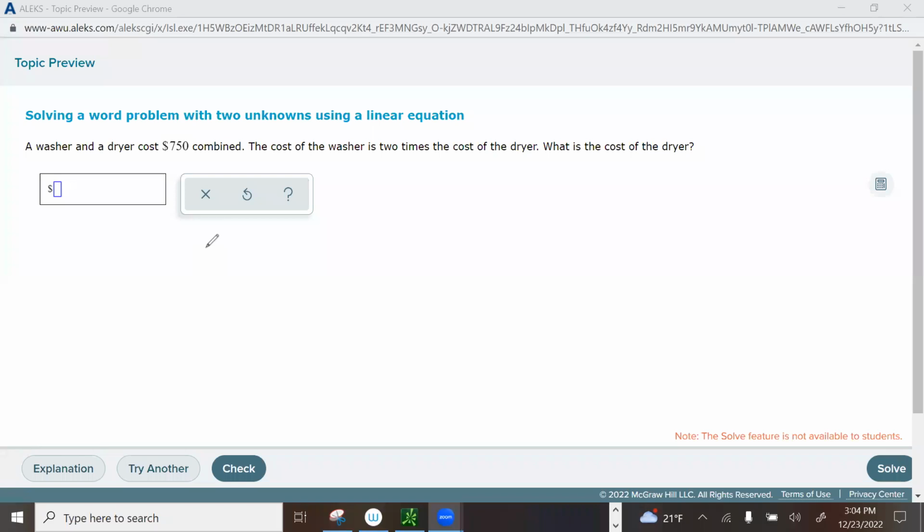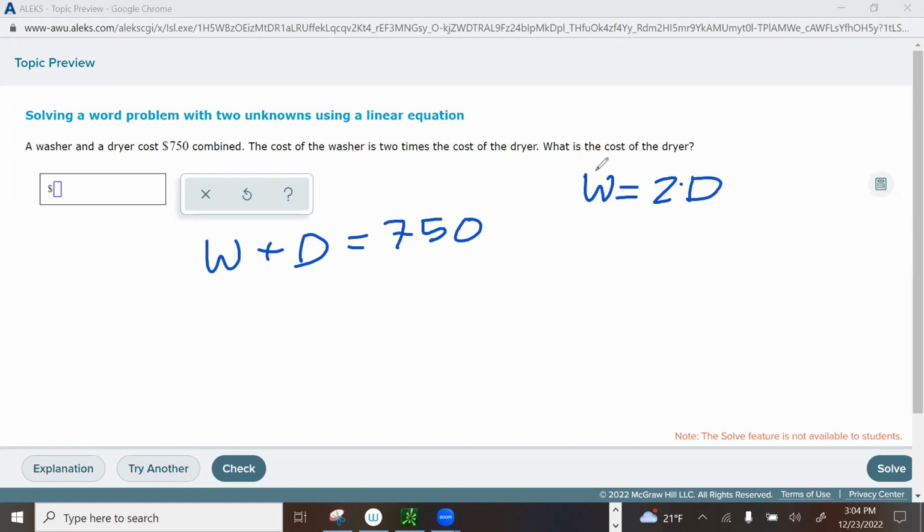Okay, so we know that the washer and the dryer added together is 750 bucks. We also know that the washer is 2 times the cost of the dryer.